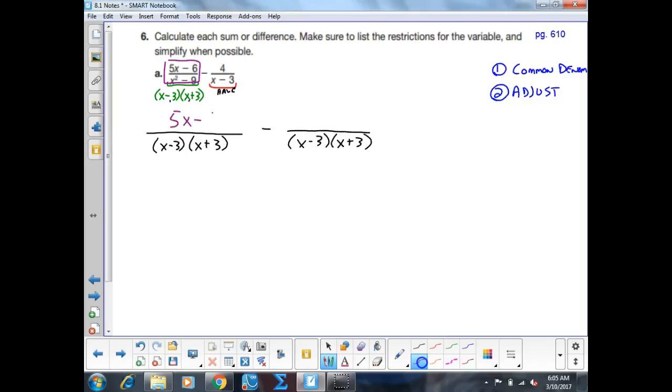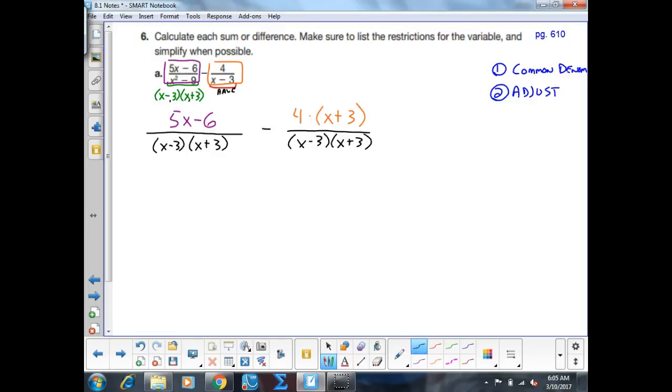So that's going to be 5x minus 6. My right fraction needs adjusting because I only have x minus 3, so I need to multiply the top by x plus 3. So I've adjusted my fractions now. Okay.